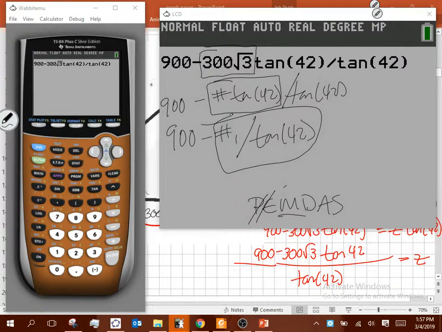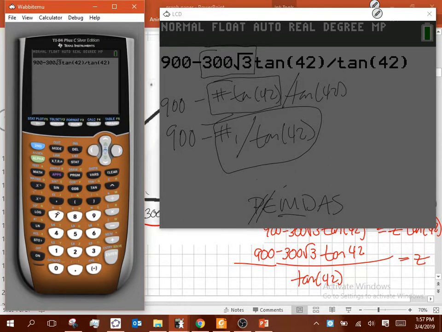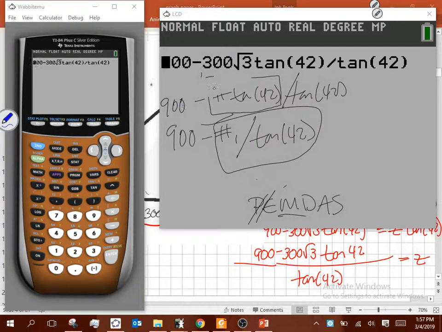Does that make sense to everybody? So here's what I want you to understand. The thing that is getting divided by the tangent of 42 was this number here, which, if we work our way backwards, turns out to be that product.